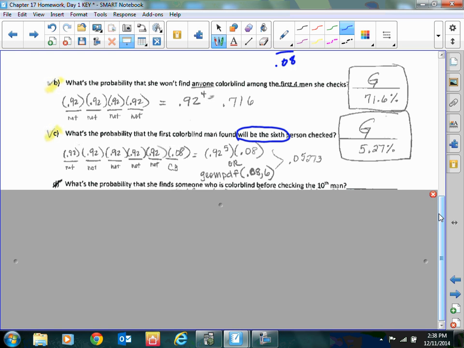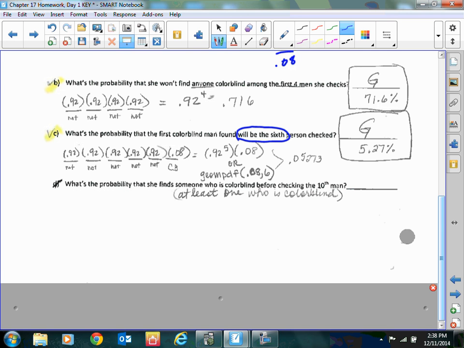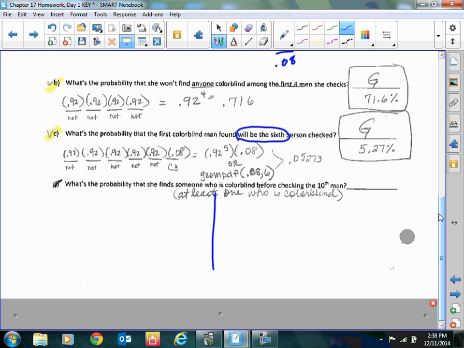All right, and then here we have this one. What's the probability that she finds someone who is colorblind before checking the 10th man? So, how many did she check? She checked 9, so she had to find a colorblind person within the first 9. How's that going to look? You can go 2 different ways on how to do this. You can say, what's the probability that she finds someone before checking the 10th?